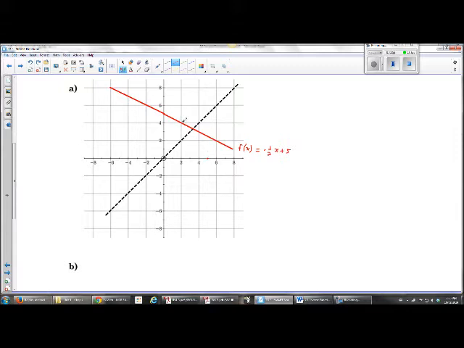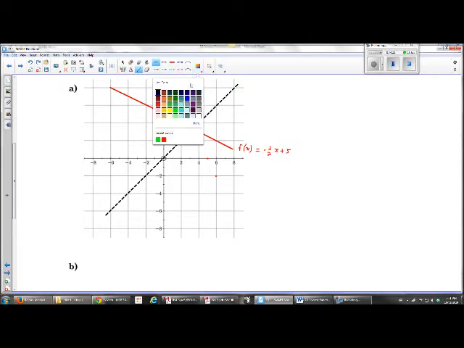Here is the point 2,4, so the other point would be 4,2 on the inverse function. Here is point negative 2,6, and here is point 6, negative 2. Those are all points on the inverse function, and now I think I have enough points.